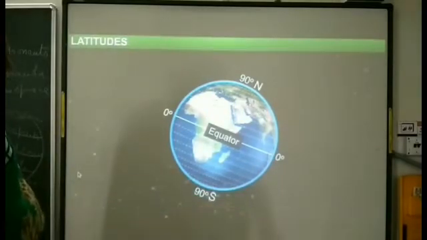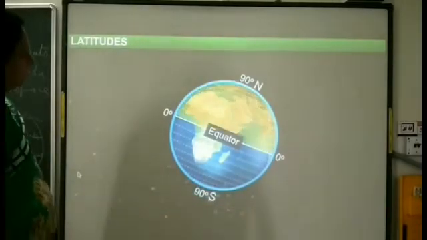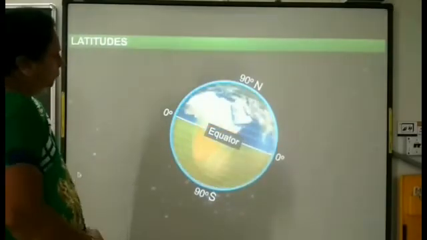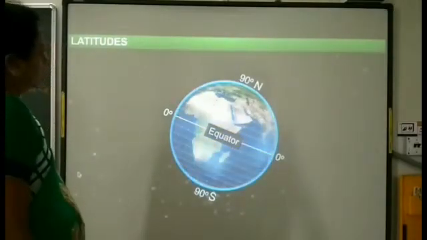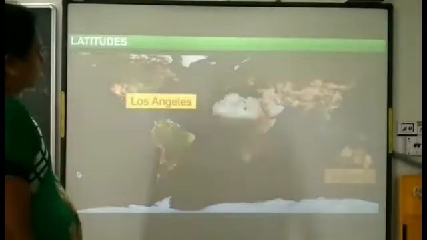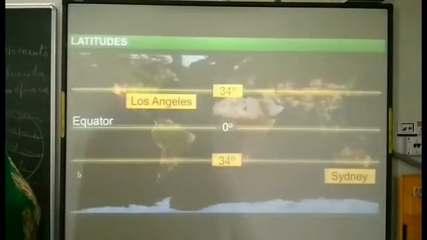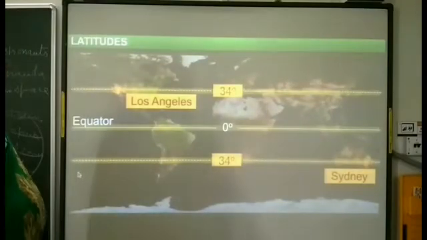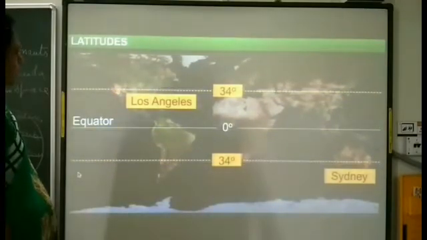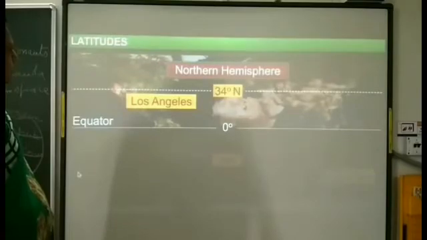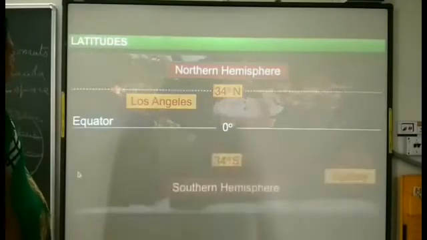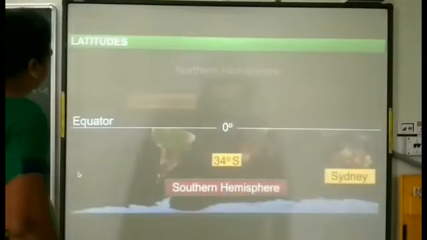In other words, they may be located in the northern or the southern hemisphere. For example, Los Angeles and Sydney are both on latitude 34 degrees. However, Los Angeles is in the northern hemisphere and Sydney is in the southern hemisphere.